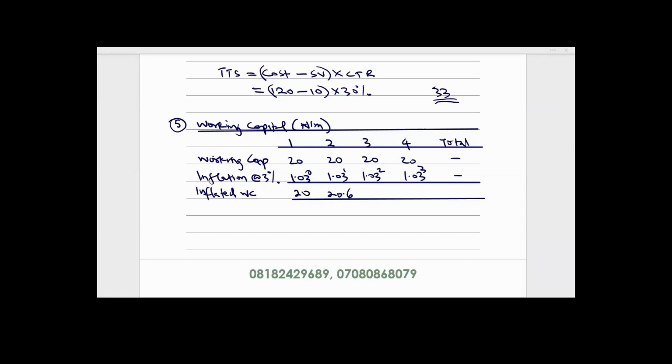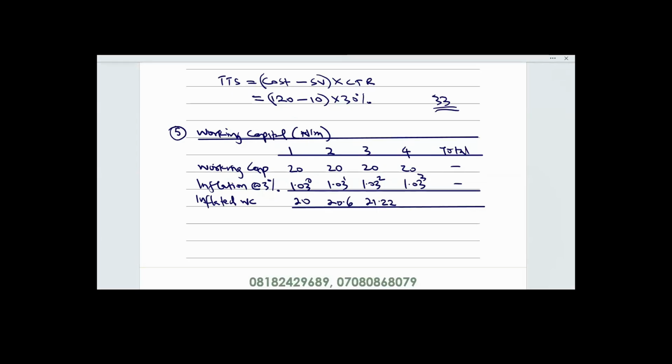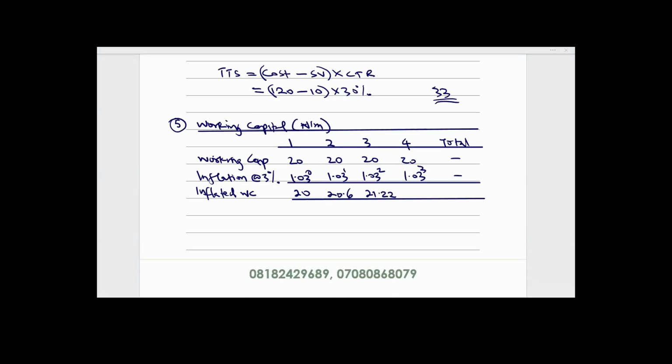This is 21.22. The fourth year, 1.03 raised to power 3, then multiply by 20, equals 21.85. Okay, so that is what you are going to do.